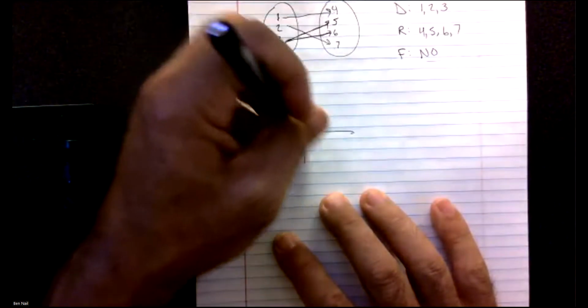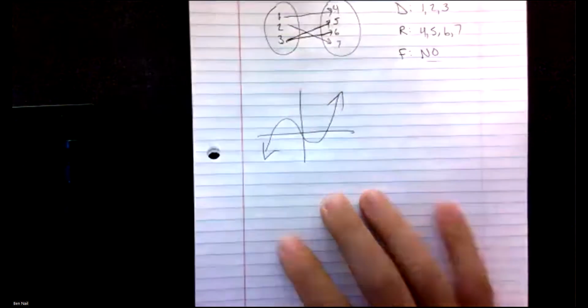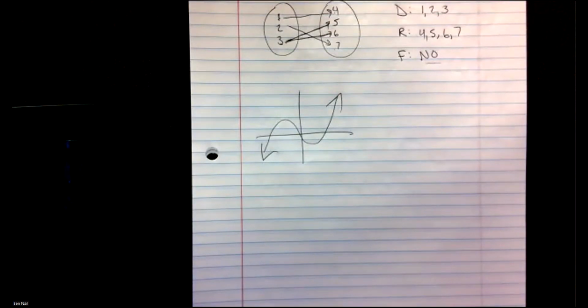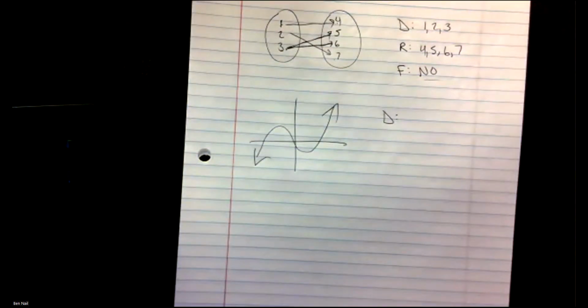Now, the last way they could give you a relation, and probably the trickiest way to do this, is they could draw a graph. When they draw the graph, the domain, again, is your x values.